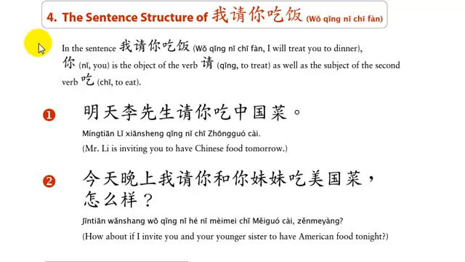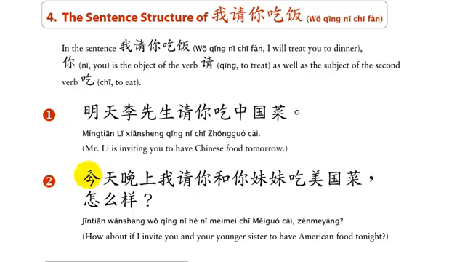Here they're pointing out the structure of a sentence that you learned, 我请你吃饭. Okay, I invite you out to dinner. I will treat you to dinner. So 你 is the object here. It's me that's inviting you to do something, in this case to eat. 明天李先生请你吃中国菜, right?